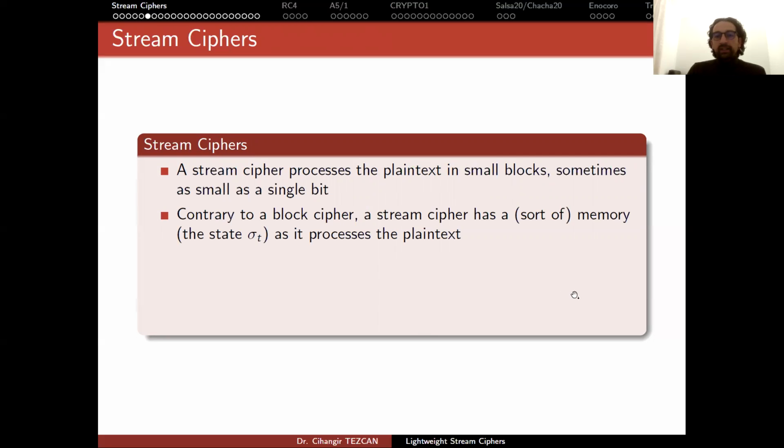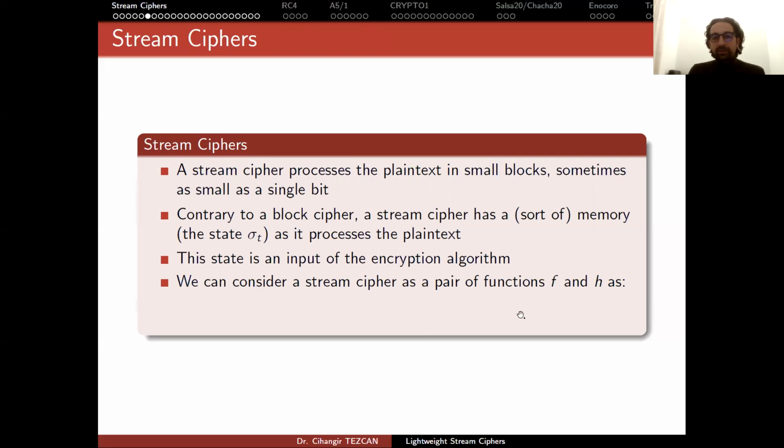Contrary to a block cipher, a stream cipher has a memory that we call the state at time t, and it changes as it processes the plaintext. So it is a time-varying transformation. This state is an input of the encryption algorithm. So we can consider a stream cipher as a pair of functions f and h, where f is the next state function.